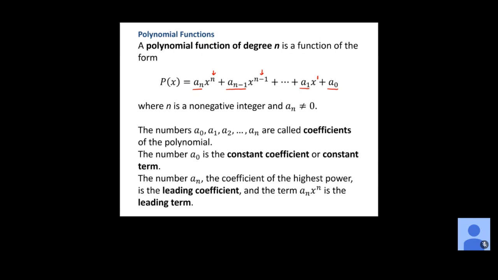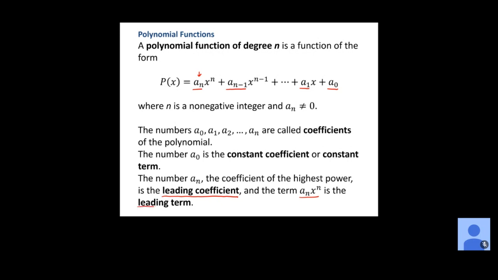Now, in general, some terms that I might be using as we go through this, leading coefficient is going to be whatever the coefficient is of your highest exponent term. So in this case, a sub n, this term right here, is going to be your leading coefficient. And then if we're talking about the entire leading term, then we're looking at the entire a sub n x to the n.